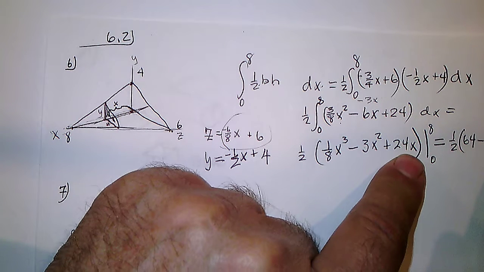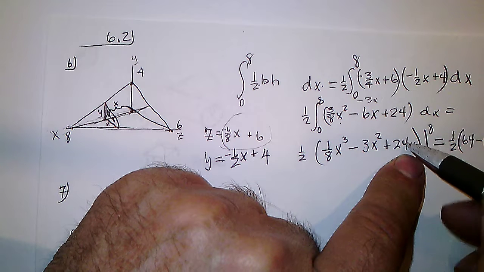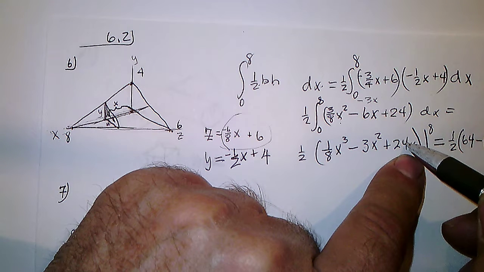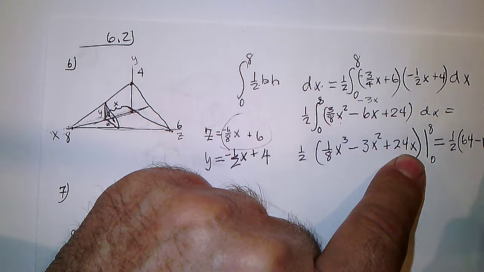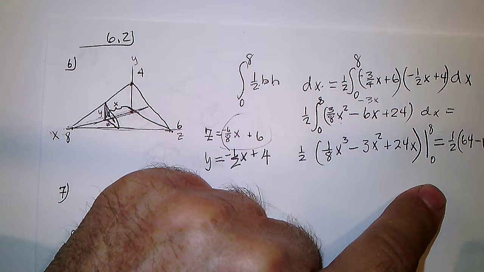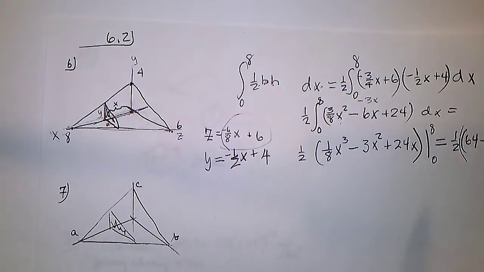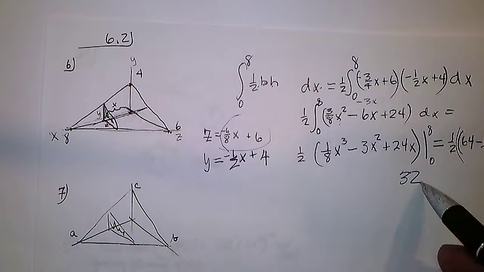And then 24 times 8. 24 times 4 is 96. So 192. Then I put in 0. And so these cancel, and I get half of 64, which is 32.